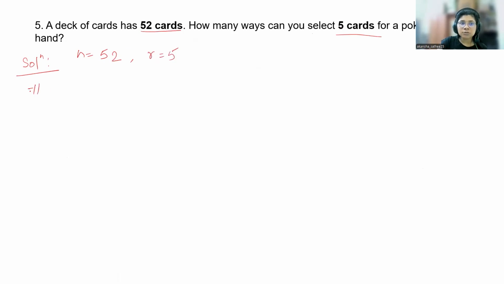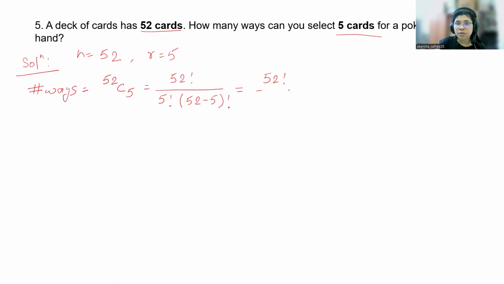How many ways? So the number of ways you can do this is NCR, that is 52C5. This you can easily compute. So 52 factorial upon R factorial into 52 minus R factorial, that will equal 52 factorial upon 5 factorial into 52 minus 5, which is 47 factorial, right?